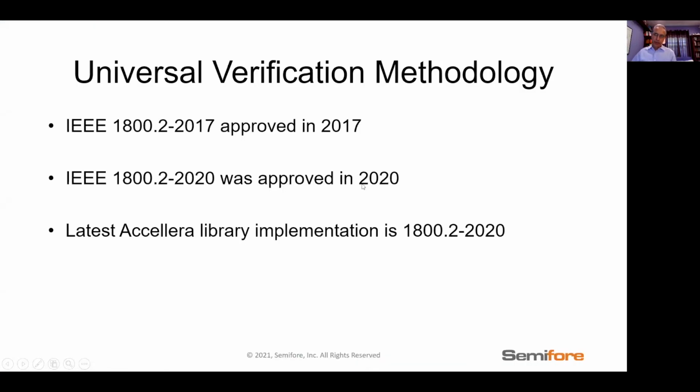Let's start with UVM. The Universal Verification Methodology started out as an Accelera standard. Two versions that were of interest to the user community are UVM 1.1D and UVM 1.2.